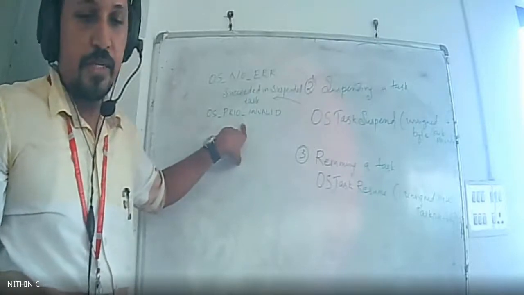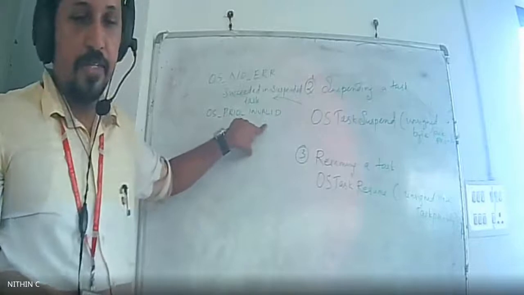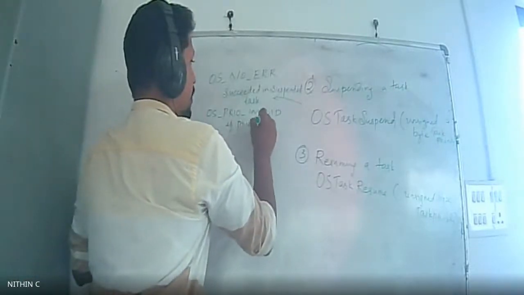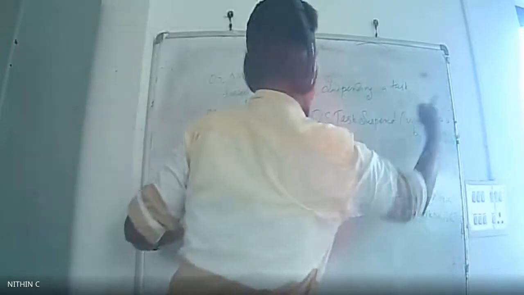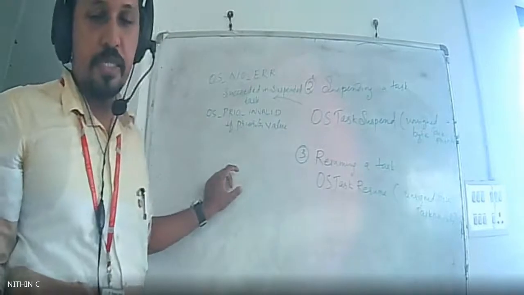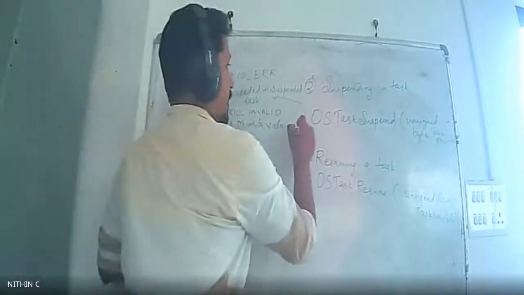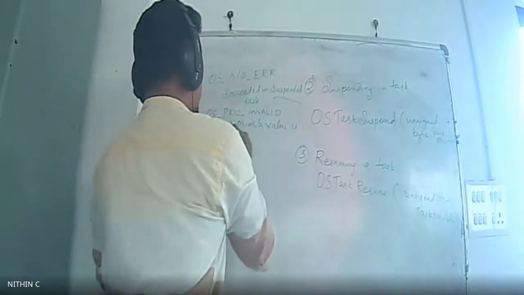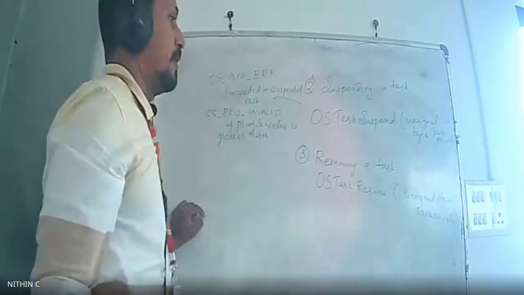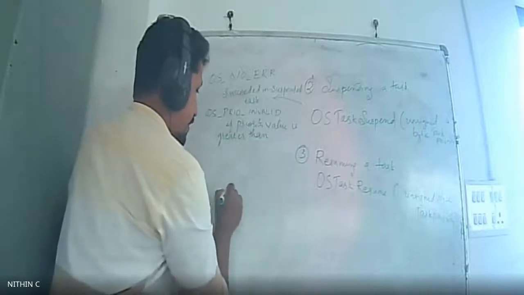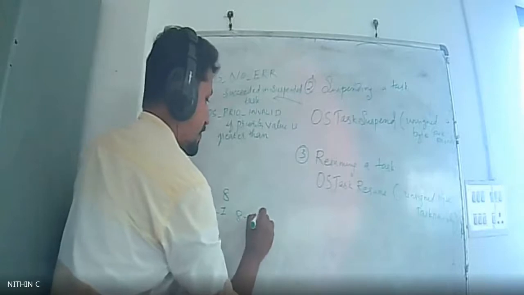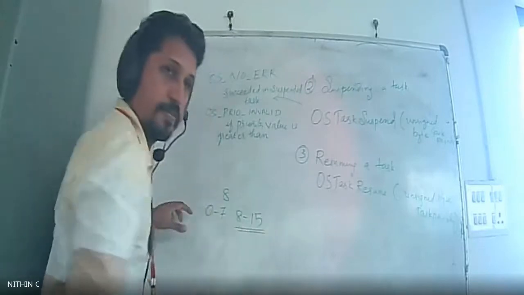That is, if the priority value that you mention as the parameter is greater than, in our example case we had 8 to 15 assigned for the user level task, right?